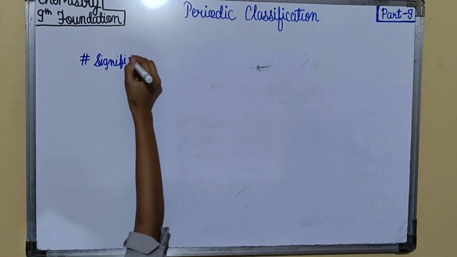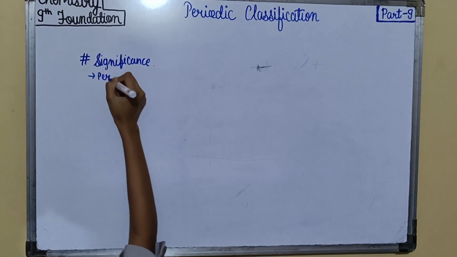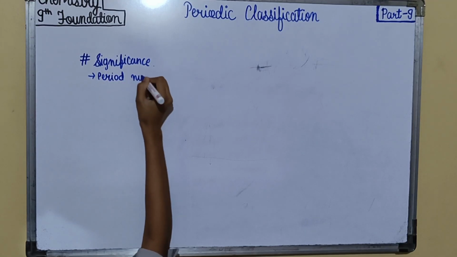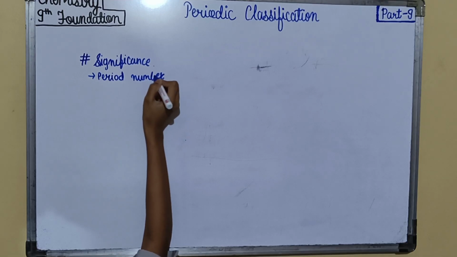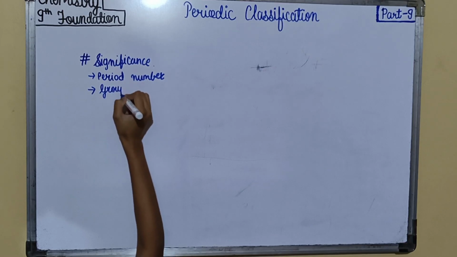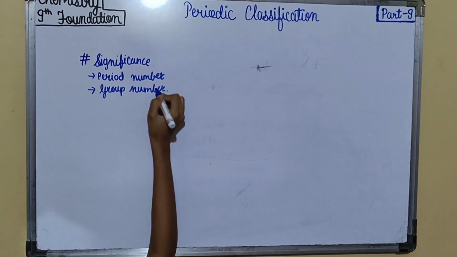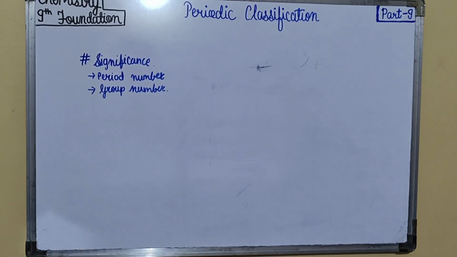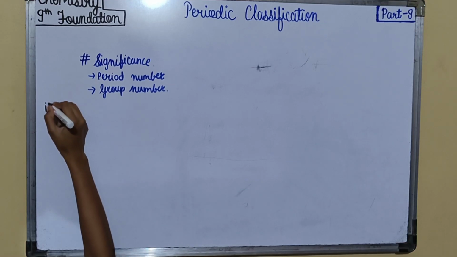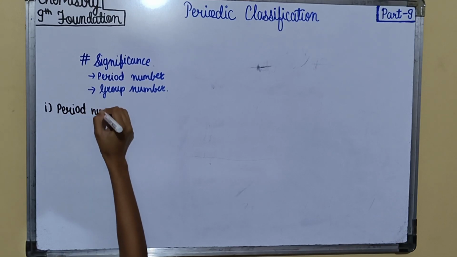Significance of period number and group number. First is period number, that is the orbit number.